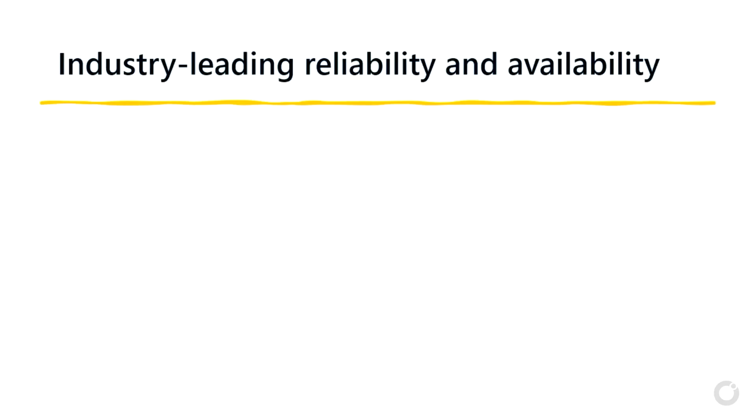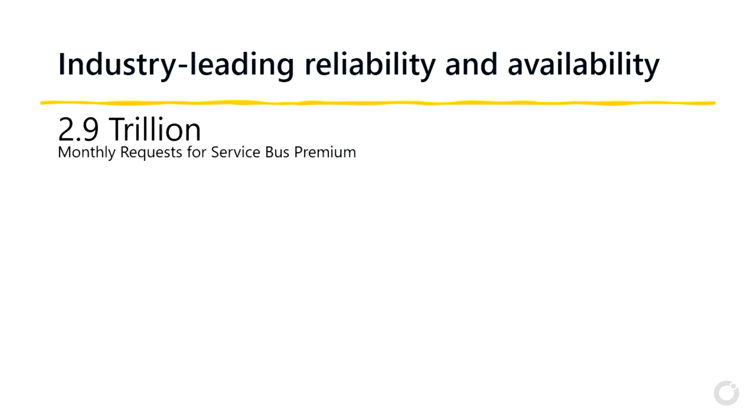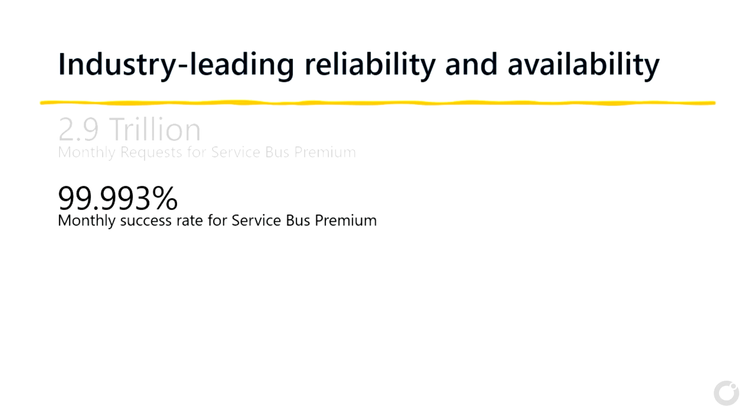So I said we have industry-leading reliability and availability. So what does this mean? Let's have a look at the numbers. Monthly we do about 2.3 trillion messages over Service Bus Premium. That's a lot of messages. On that, we have a 99.993% success rate. This is our internal success rate.